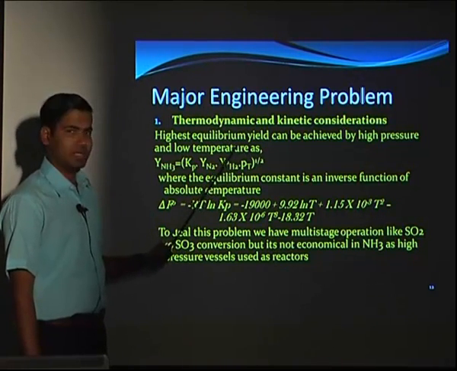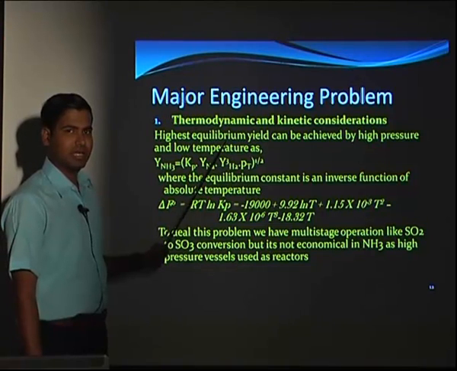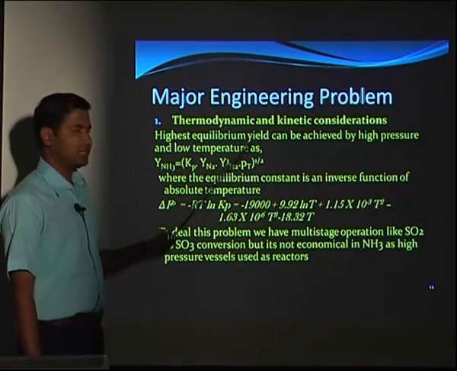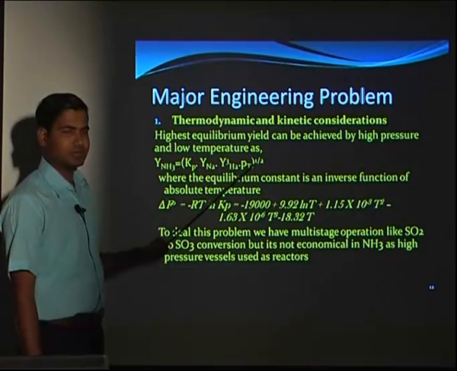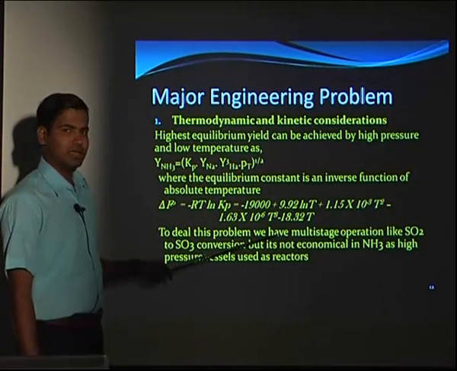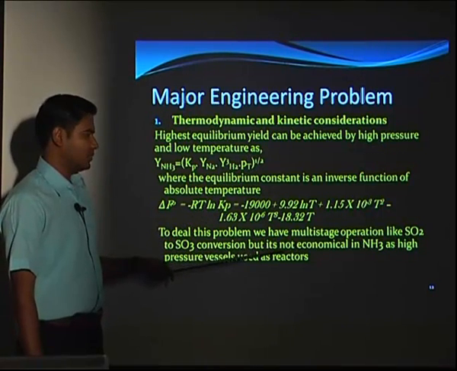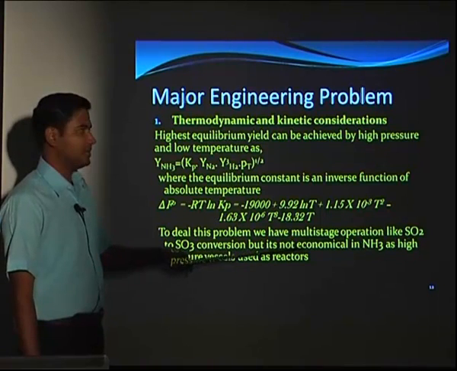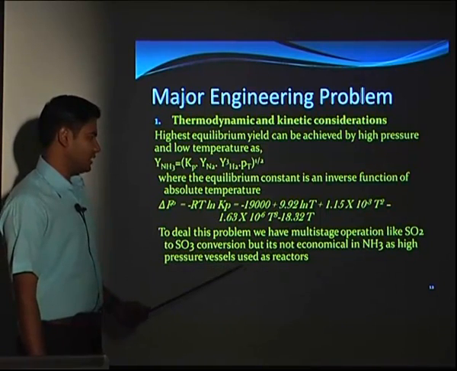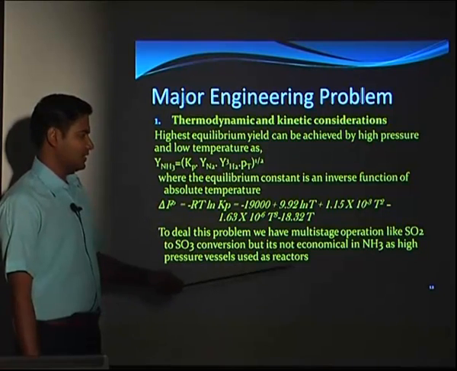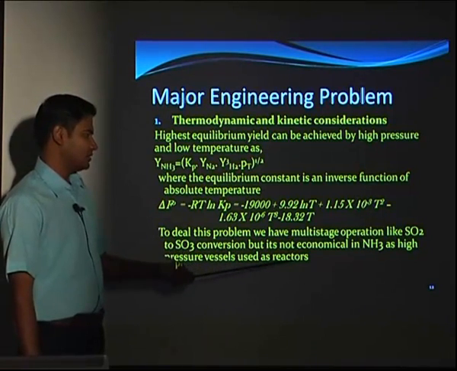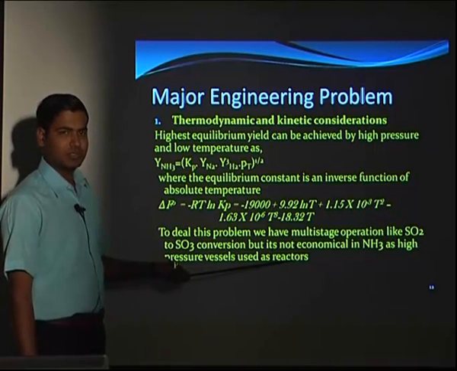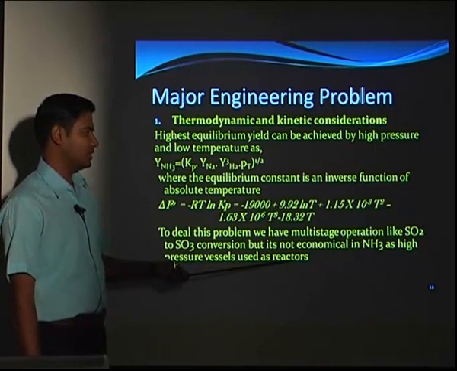Due to the low temperature, the unreacted SO2 is converted into SO3, because at high temperature the conversion will be reduced. The same thing we can do in the case of NH3, but the problem is it's not economical because we are using high pressure vessels. If you have multi-stage operation, then you have to use high pressure vessels. So the process overall becomes non-economical in this case.